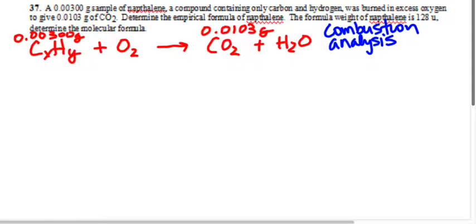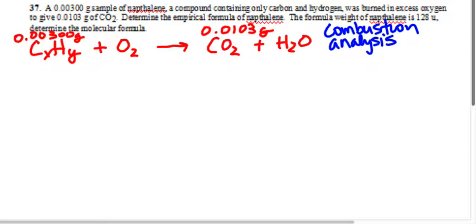We at minimum need grams, right? So if I have 2 elements and I know their grams, I can convert them to moles, and then what do I do in an empirical formula? Divide by the smallest moles to find the whole number ratio, right? So I need grams of what in this case? Carbon and hydrogen. If I have grams of carbon and hydrogen, I can then find the empirical formula of carbon and hydrogen together in this scenario. Are we good with that?